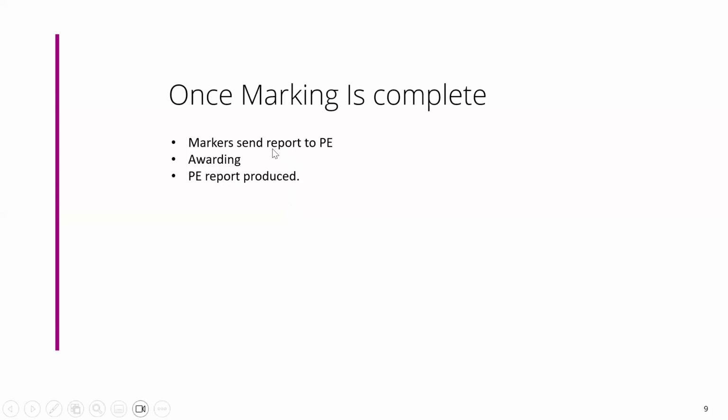So once all of those are in and I've looked at it and considered it, we move towards an awarding meeting. The awarding meeting is held with a committee of about four people, including the chair, myself, and some other markers. And how we decide on the grade boundaries is by looking very carefully at the paper and comparing it to a previous series.